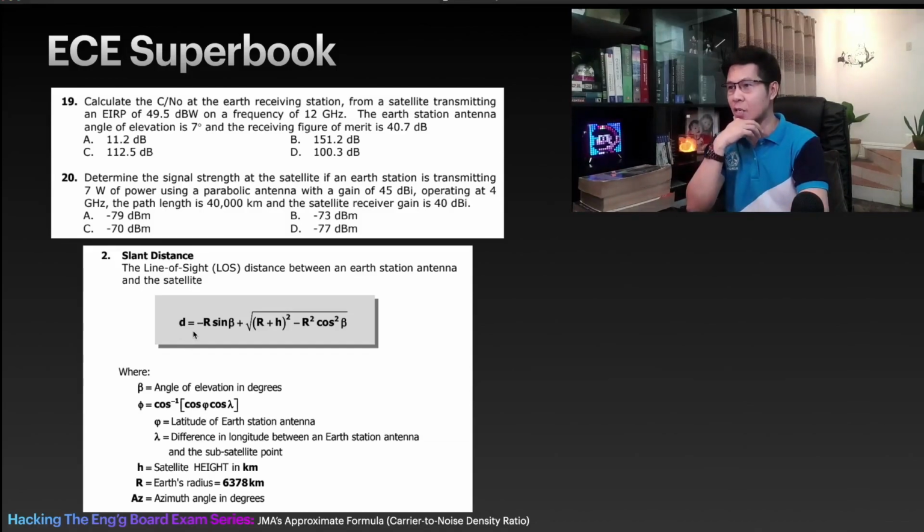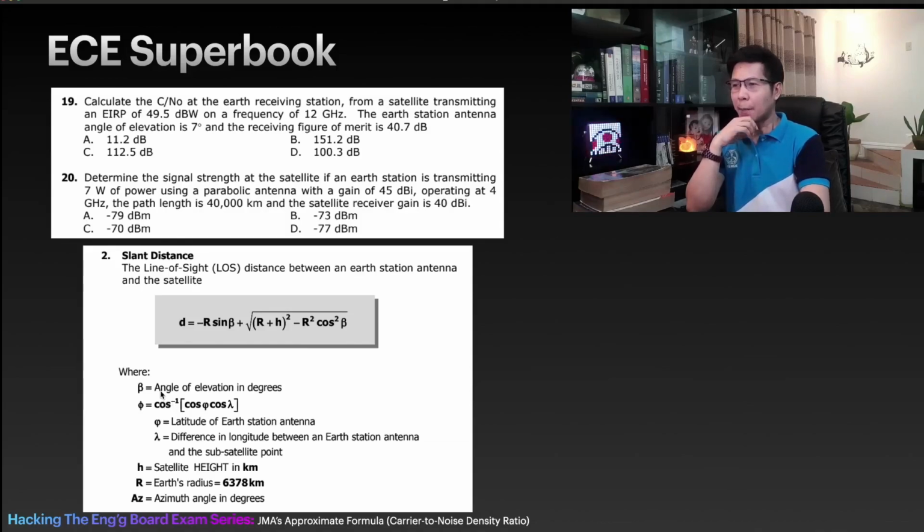And the distance is equal to negative r sine beta, where beta is the angle of elevation in degrees, plus the square root of (r plus h) squared, where h is the satellite height in kilometers, and r here is the Earth radius, which is equal to 6,400 kilometers. Sa ibang mga book, if you want exact value, that's 6,378 kilometers. Minus yung Earth radius squared, and then cosine squared ng beta o ng angle of elevation.